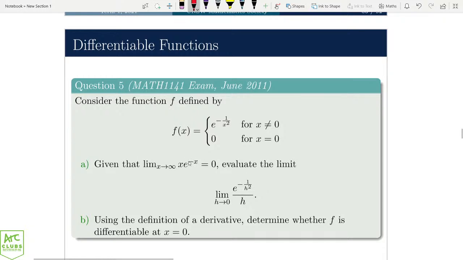Because we've been given a particular condition in this question, when we're trying to evaluate the limit, what we should be trying to do is write this in the form of this. In other words, to write this such that we can apply our condition somewhere in our solution.